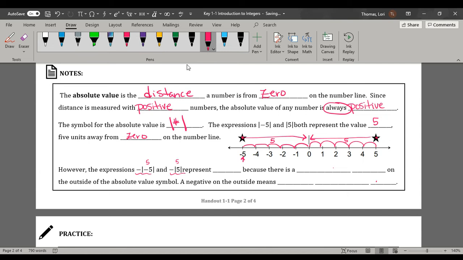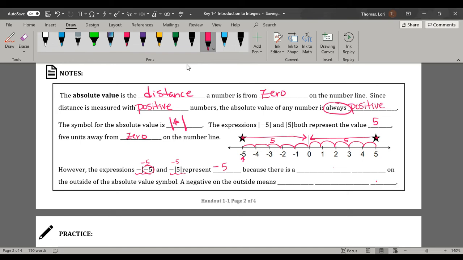But now we have this understood little dangling negative that is attached because it's on the outside. So when we have a negative on the outside, our answer is going to be negative. It's the order of operations that is happening, guys. You take the absolute value first inside the brackets. We got 5.